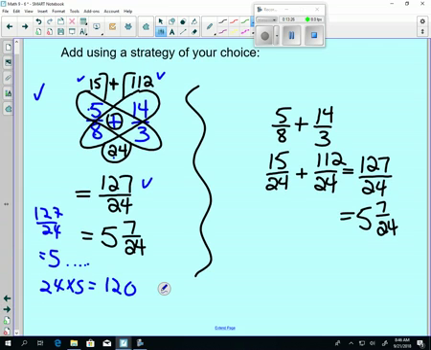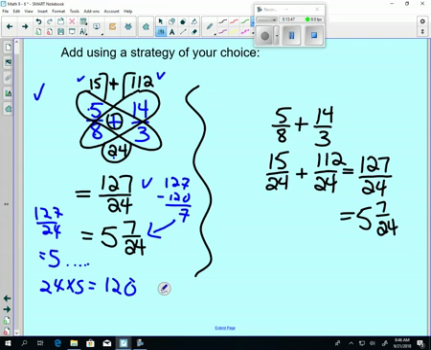That comes out to 120. We have 127. We take away that 120. It leaves us with 7. So we're left with 7 over 24. So 5 and 7 over 24, if we want to keep it in fractions.